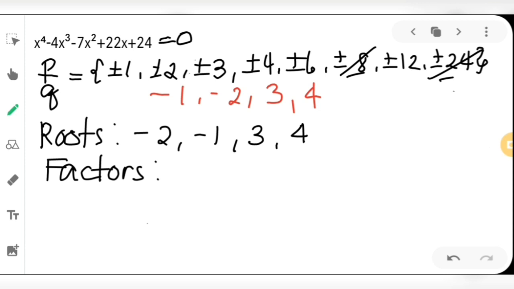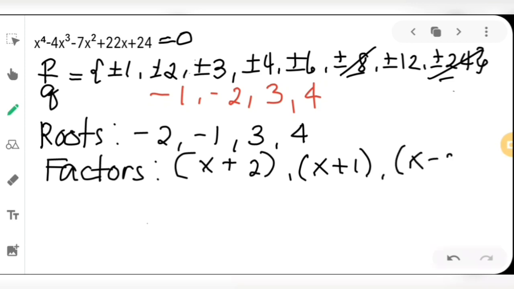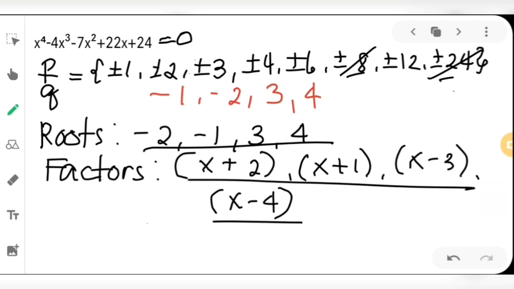We are going to start with negative 2, so it will become positive 2. So one of the factors of this polynomial equation is x plus 2, and then the second one is negative 1. So we have x plus 1, and then 3, so x minus 3, and then the last one is 4, so we have x minus 4. So again, these are the roots and these are the factors.